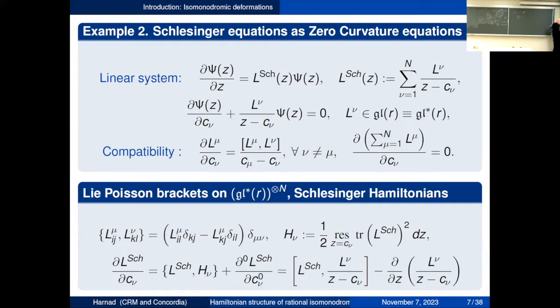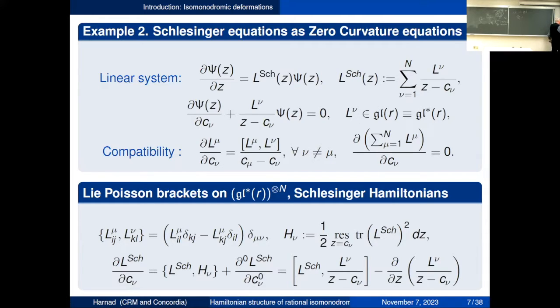That's one form of Hamilton's equation. But there's an extra term involved because L not only depends on C through the numerator variable, but also there's an explicit dependency here in the denominator. You have to take that into account when you differentiate. It's not part of Hamilton's equations. So you have to add that. That's an explicit derivative. And that's very important.